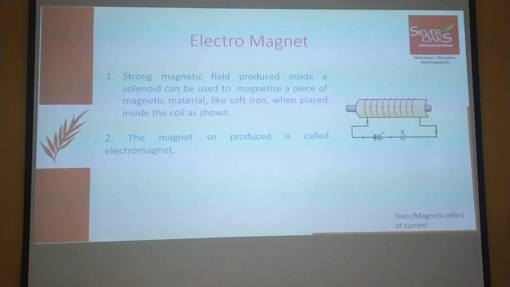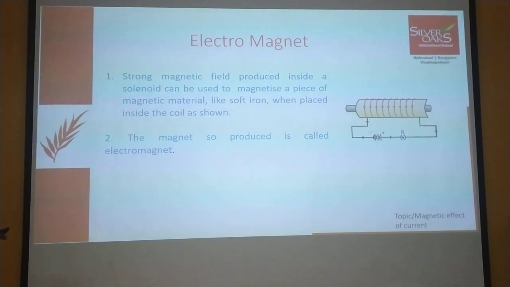Because the magnetic field inside the solenoid is strong, if you put a magnetic material like soft iron inside the solenoid, okay, as now this is the magnetic soft iron core, this produces what we call an electromagnet, which you have already seen in your previous grades.